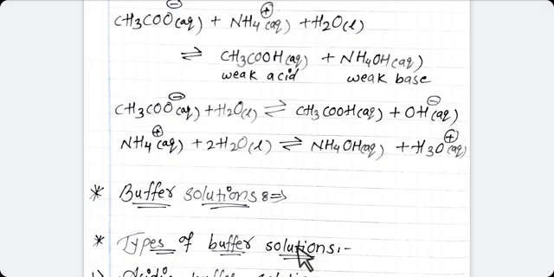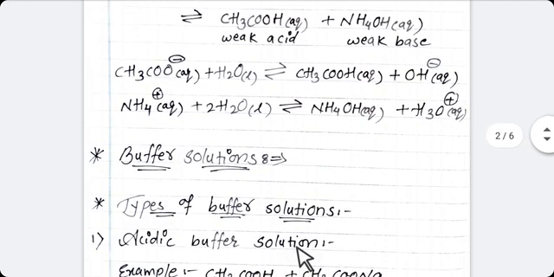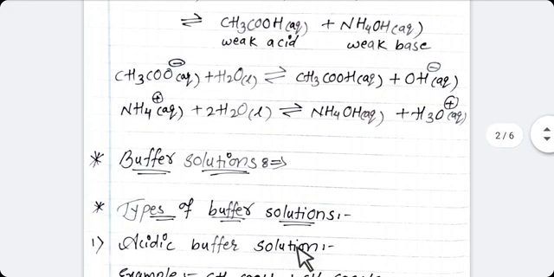So students, you have already cleared that there are two types of buffer: one is acidic buffer solution and another is basic buffer solution. We are studying this type of solution one by one. So one is acidic buffer solution.